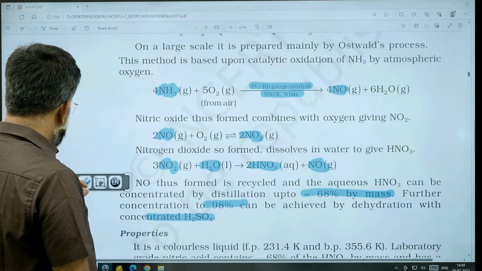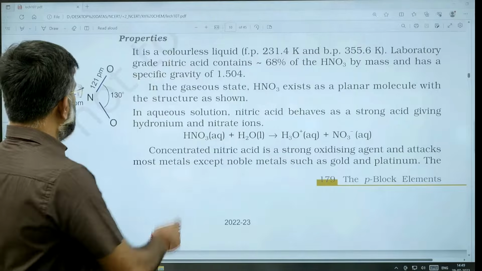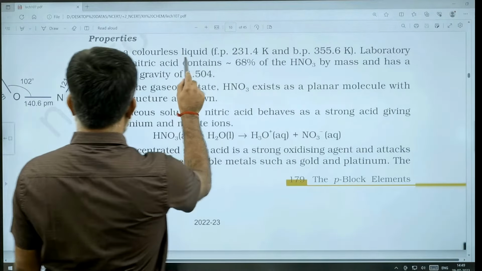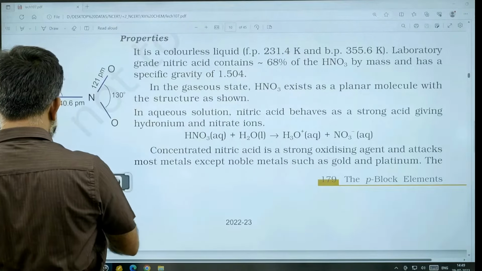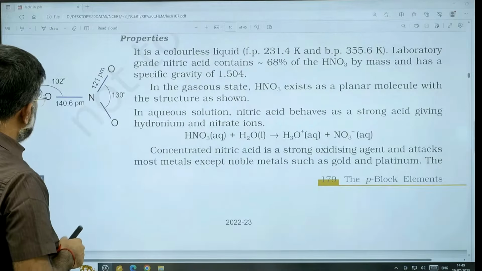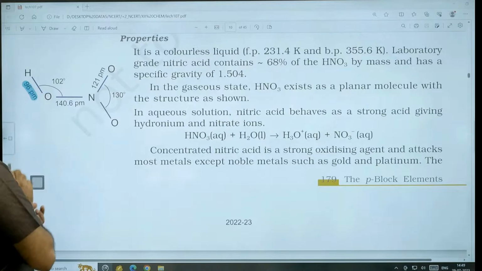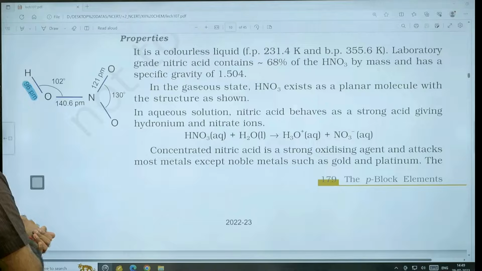Next, an important one: properties of nitric acid. Nitric acid is a colorless liquid. These are the dimensional parameters of nitric acid. It is a planar molecule with sp2 hybridization. The OH bond length is 96 picometer.